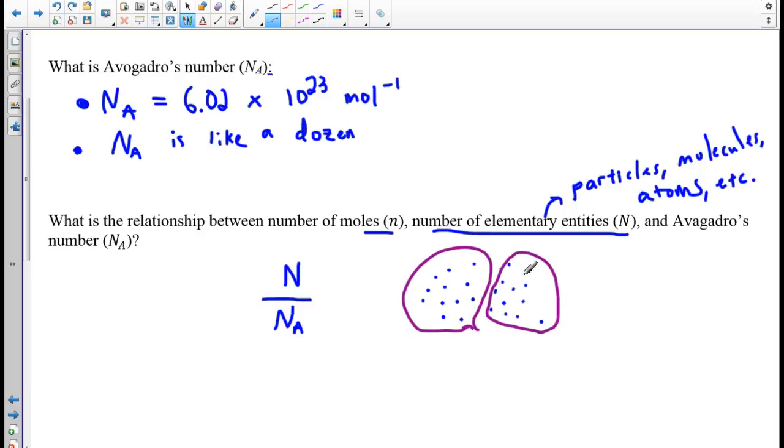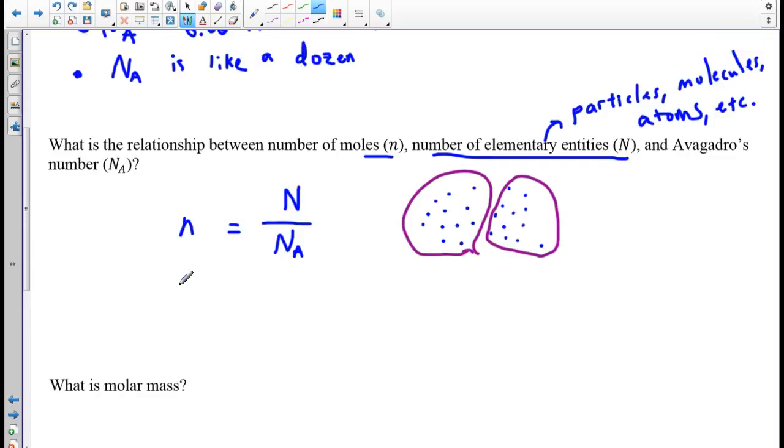So I've got one group of 12, two groups of 12. If I divide it into groups of 12, I get how many dozen. The same thing is true here. If you take the number of molecules and you divide it into equal groups, totaling Avogadro's number, you get the number of moles. So here's our equation.